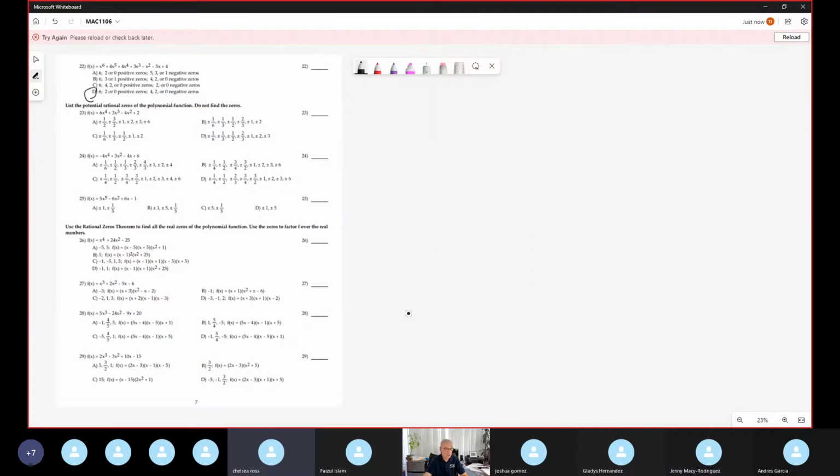So the polynomial given in 23 is f of x equals 6x to the 4th power plus 3x cubed minus 4x squared plus 2.